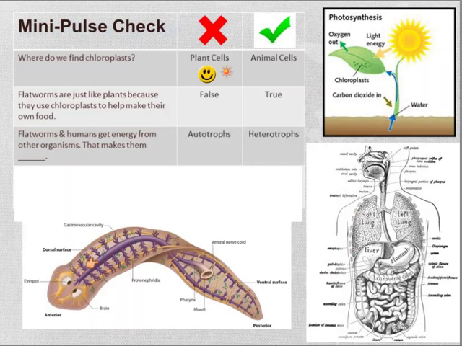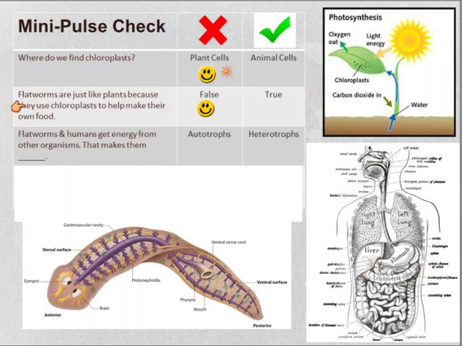Here is a picture of the inside of a flatworm, and you don't see any chloroplasts labeled here. You don't see anything that's represented as green either. So it's not animal cells, and you ought to know at this point that you don't have any here in the complicated human energy combustion system.